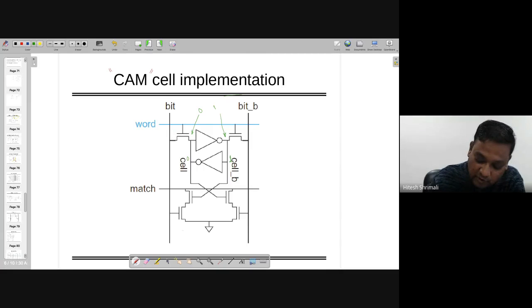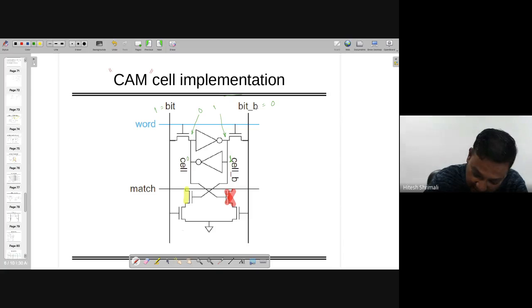No problem. In that case, because of this one, this particular transistor is on and the transistor on the other side is off, right? Now we have to see what is available at bit and bit bar. If bit is equal to 1 and bit bar equal to 0, what is going to happen? Because these are different values than what we wanted.